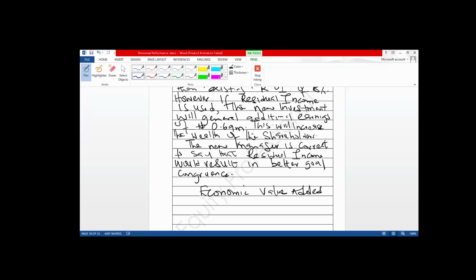If you look at accounting financial profit, it is calculated based on convention and principle. We have depreciation. Depreciation is a non-cash flow. We have provision for doubtful debt.